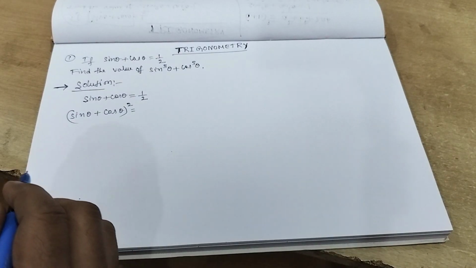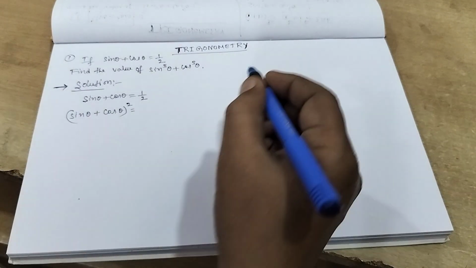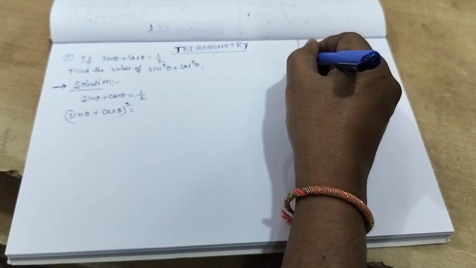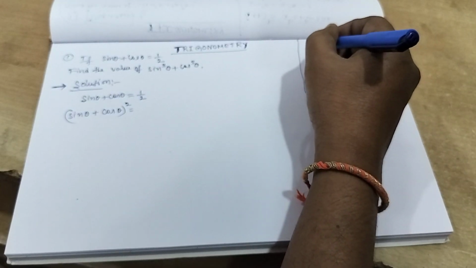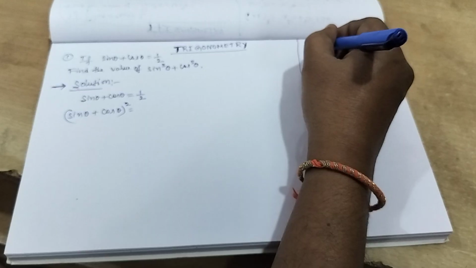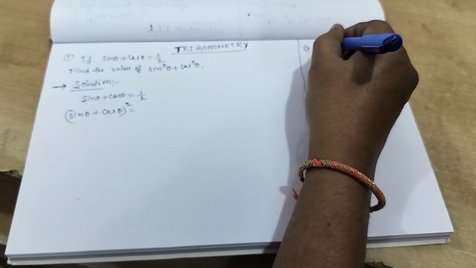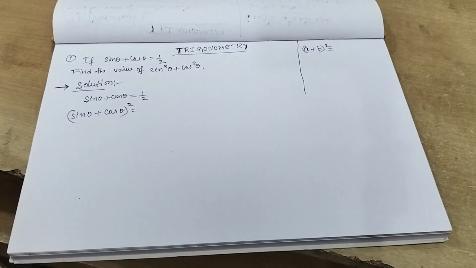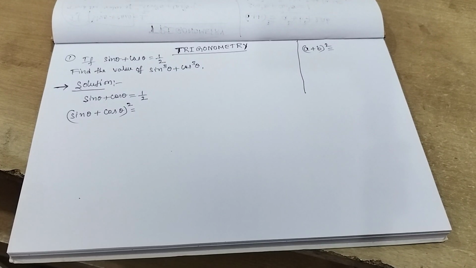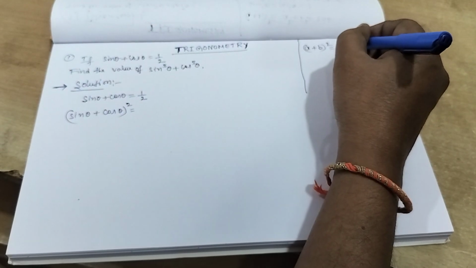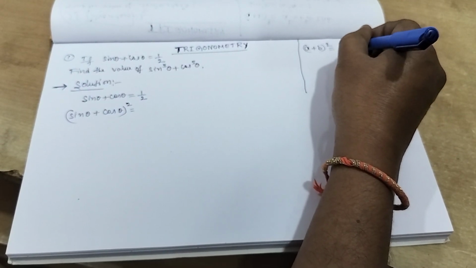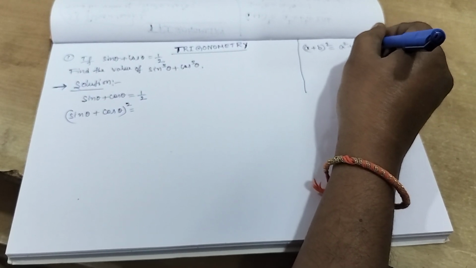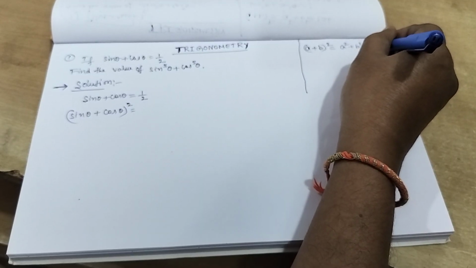When you do the squaring, you have to recall the identity. So a plus b whole square, the formula you have to expand, as you know, is a square plus b square plus 2ab.